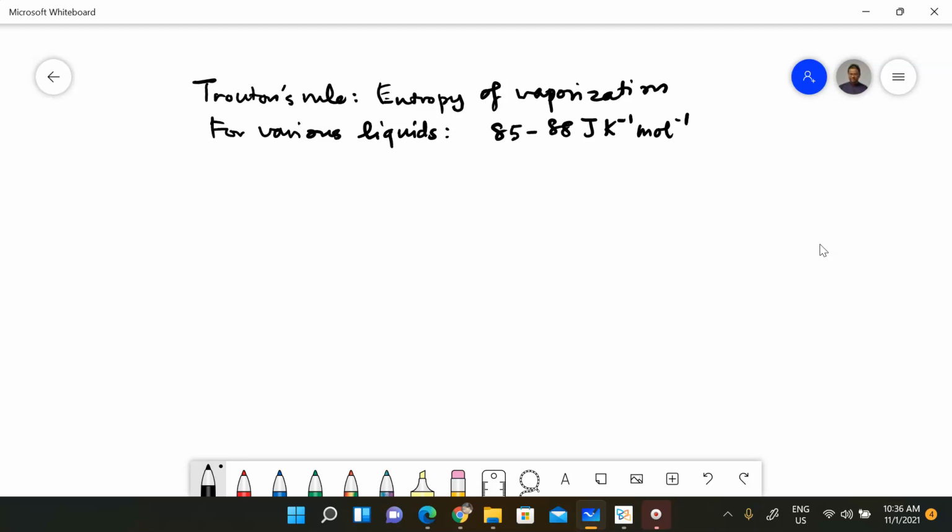These are liquids with simple intermolecular interactions. You can look up Trouton's rule on Wikipedia, for example, to see this. For much more complicated cases, like water, water is an exception to this rule.